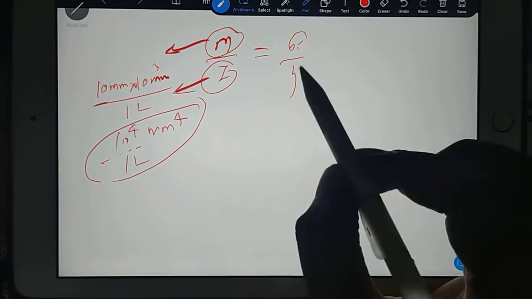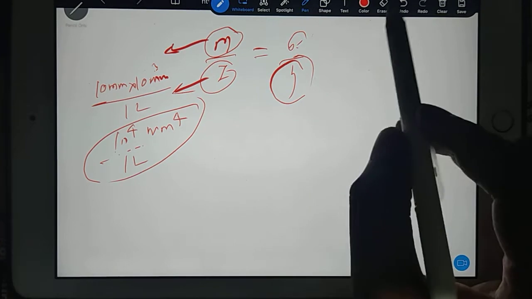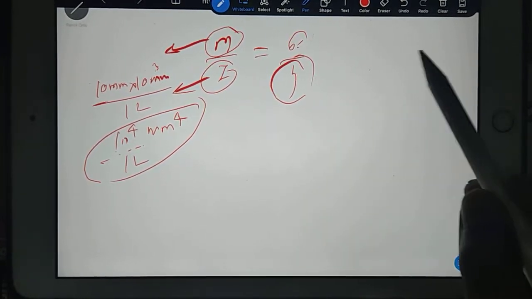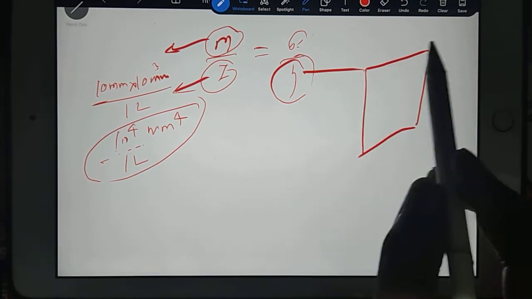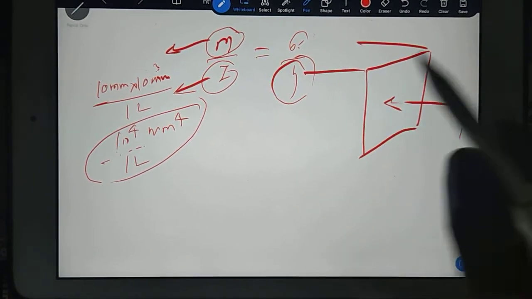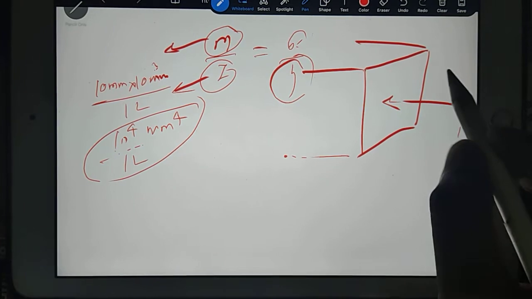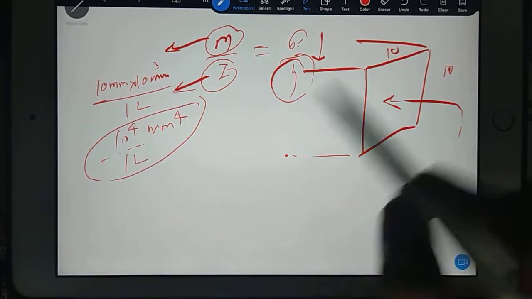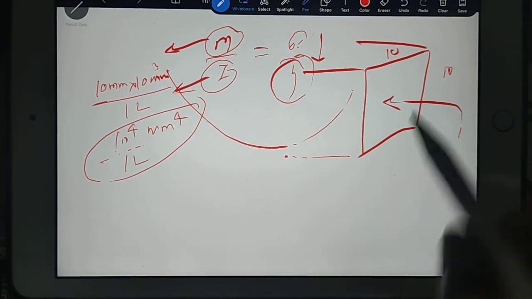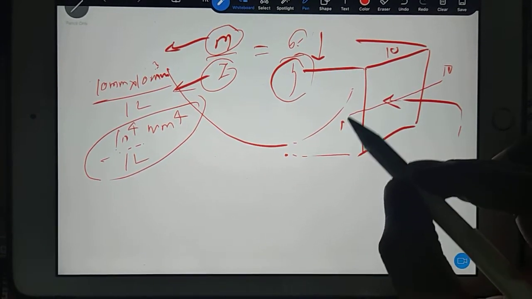Now what about the Y value? So see what is Y. If this is the cross section, if this is the beam, you are seeing the beam from the right side. So this is the cross section you are seeing here. This is also 10, this is also 10. When you apply the load on the beam, the beam will bend like this, correct? So it will bend about the neutral axis. So this is your neutral axis.